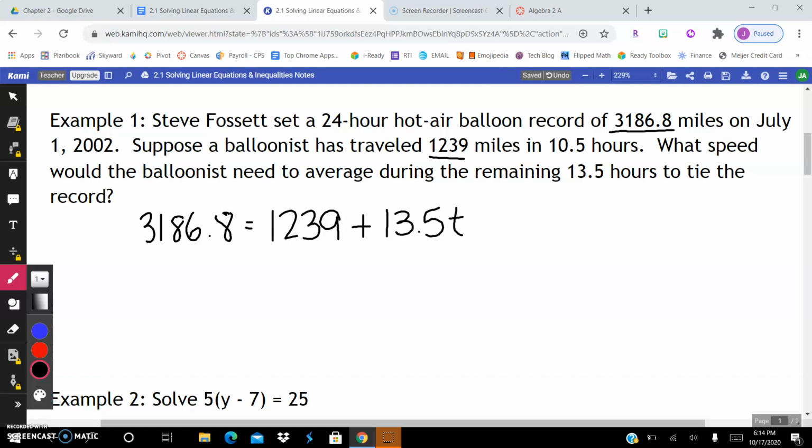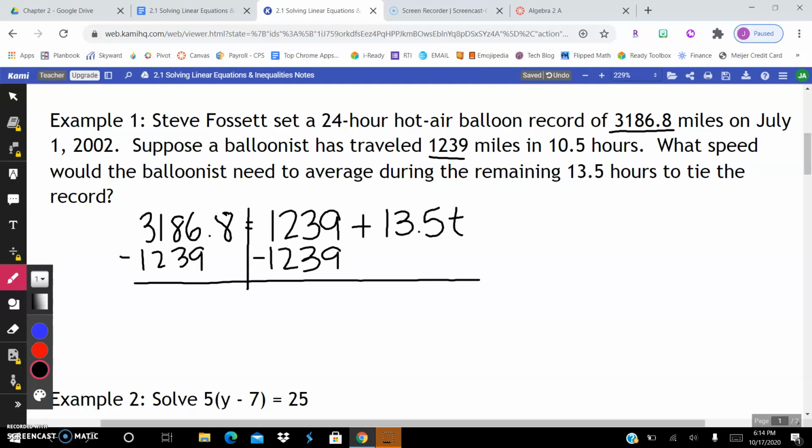So then we have to solve this to figure out what their average speed would be. So I am going to subtract the 1,239 from both sides. And on this side, they would cancel out, and I would have the 13.5t left. And when I subtract over here, I get 1947.8.